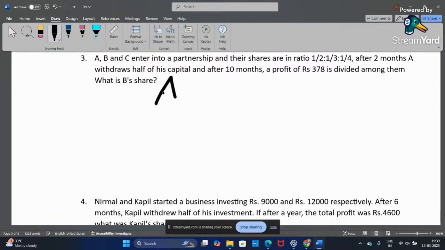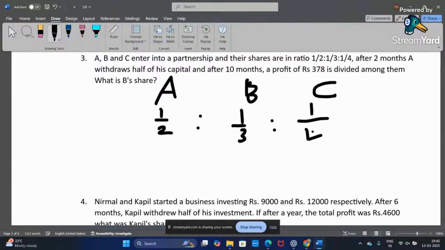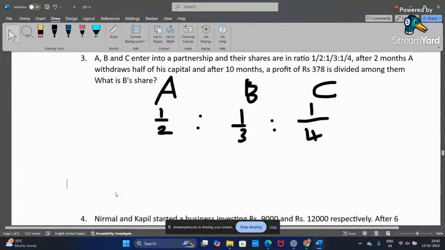Let us write all the partners A, B, and C. Here the ratios are 1/2, 1/3, and 1/4. These are the ratios of A, B, and C.